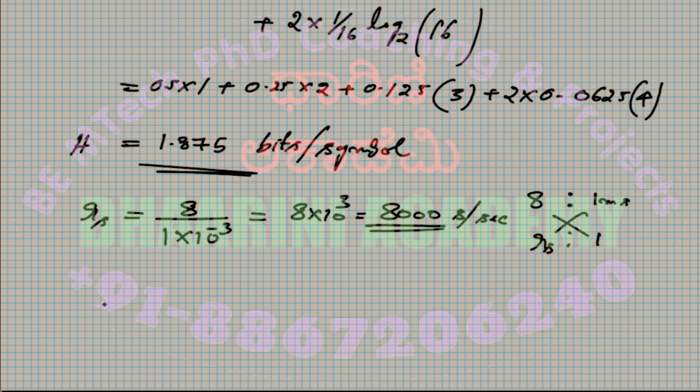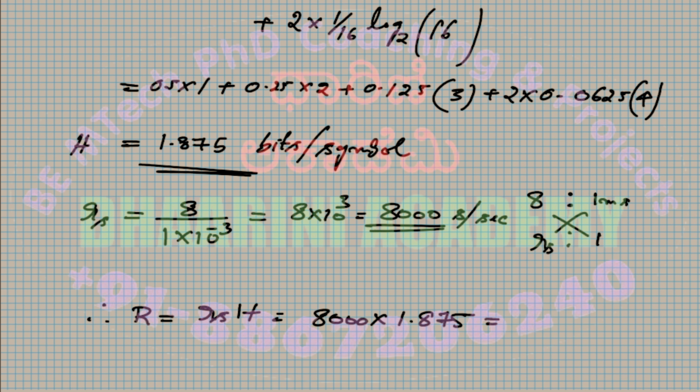Now you calculate. Therefore, the information rate, it's R, right? So capital R becomes equal to Rs into H. Rs is 8,000 into H is equal to 1.875.